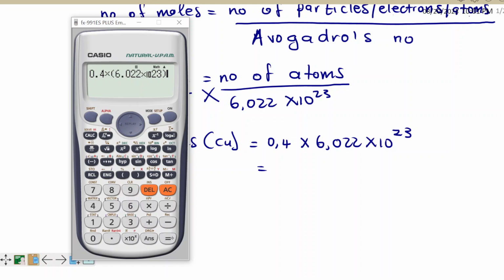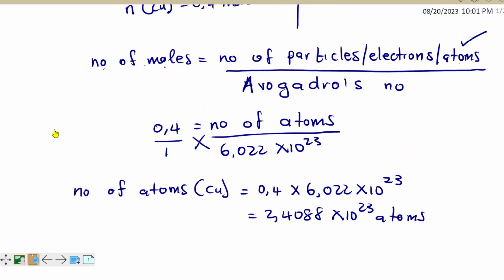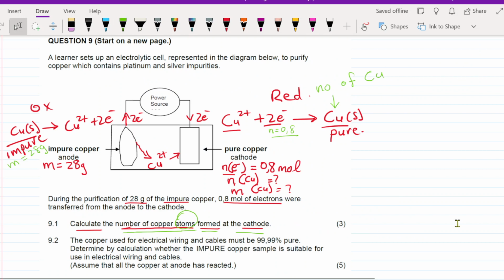Then the answer is 2.4088 times 10 to the power 23 atoms. So this is the number of atoms of the copper. Yeah, that was question number 1. I think it's very clear. So let's look now at the following question.